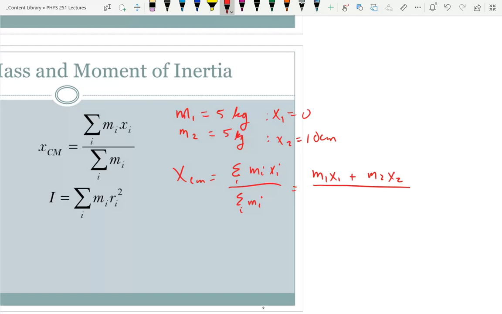That's why I have m1 x1 plus m2 x2, because I had 2 items. So this is object 1, this was object 2.